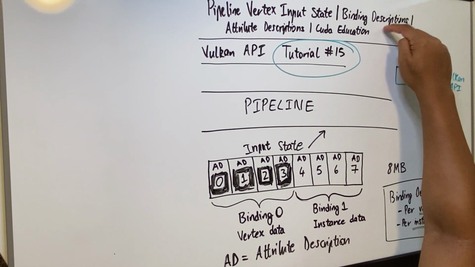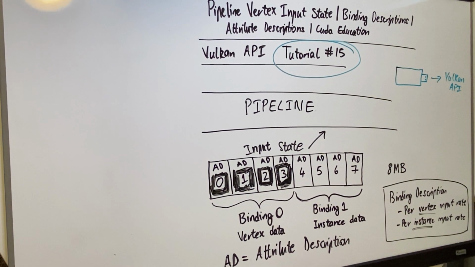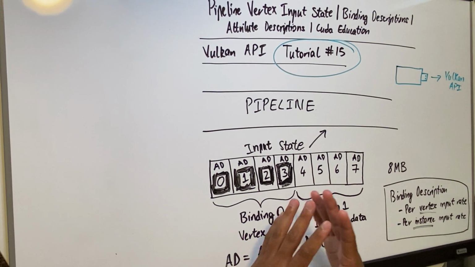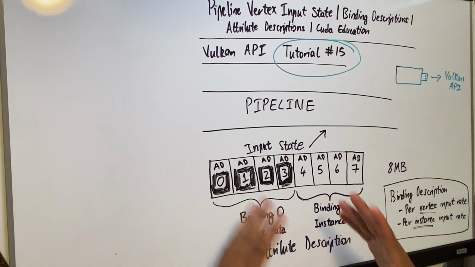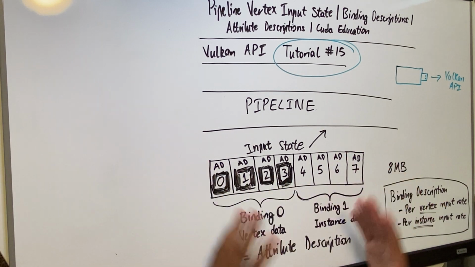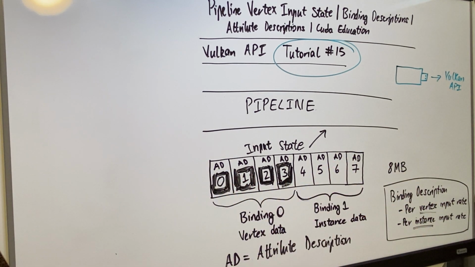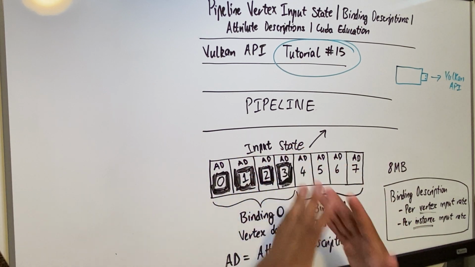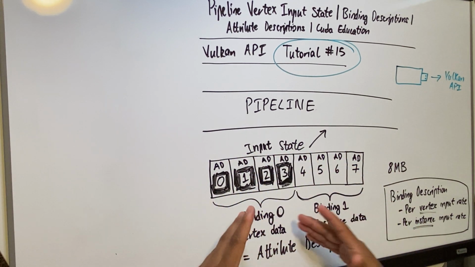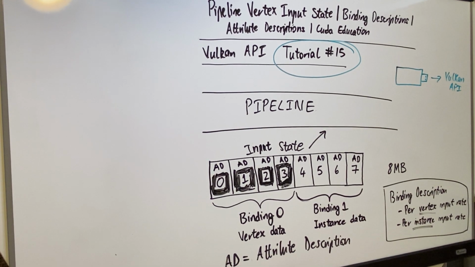Okay? The binding description is concerned with the layout of the data. So high level layout, big picture, high level data. So it looks at the 8 megabytes, and then you tell Vulkan, hey Vulkan, location 0, 1, 2, 3 is for Vertex data.